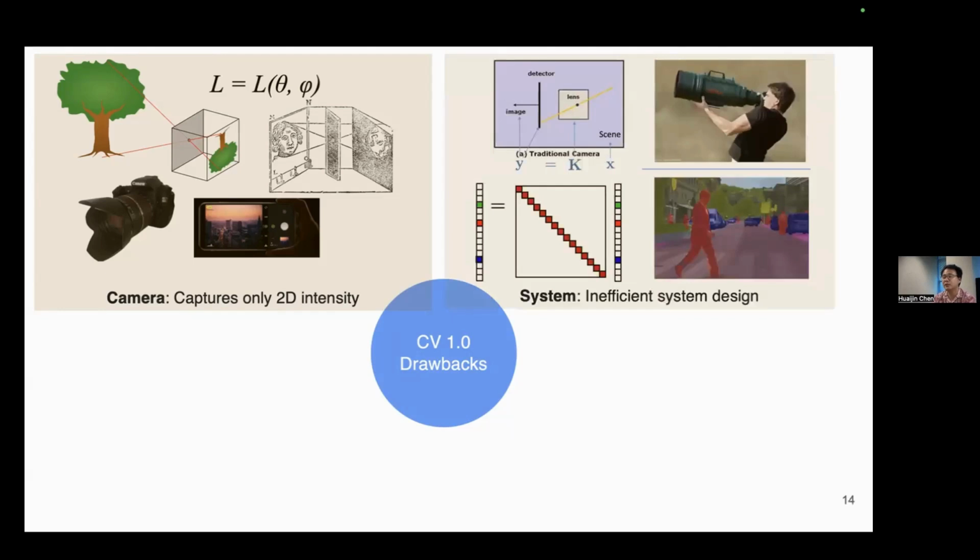At the system level, cameras are still designed separately from the downstream computer vision algorithms or AI algorithms. Most camera makers still aim to improve the optics to capture perfect images for human viewing, right? But from a signal processing perspective, this is like constructing an identity matrix to sample the world.